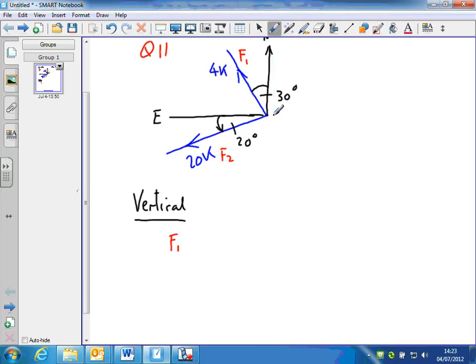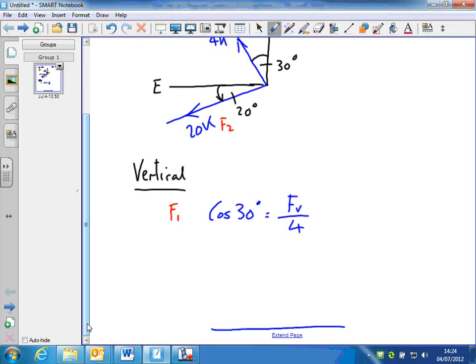The cosine of 30 equals the adjacent, which is the vertical component of the force, divided by the hypotenuse, which is 4. So FV equals 4 times the cosine of 30.